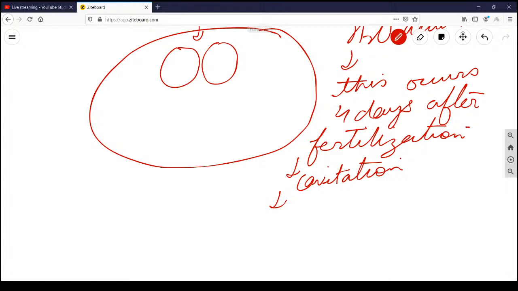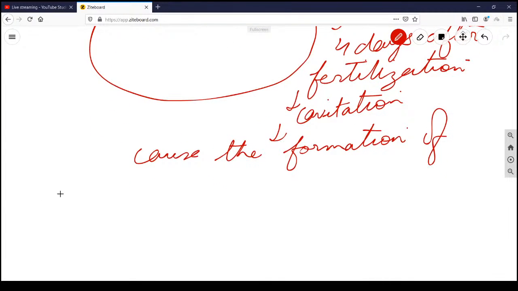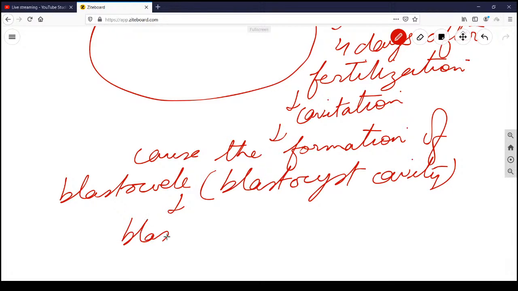Now it will cause the formation of blastocoele, also referred to as blastocyst cavity, and this is now known as a blastocyst only, from morula to blastocyst.